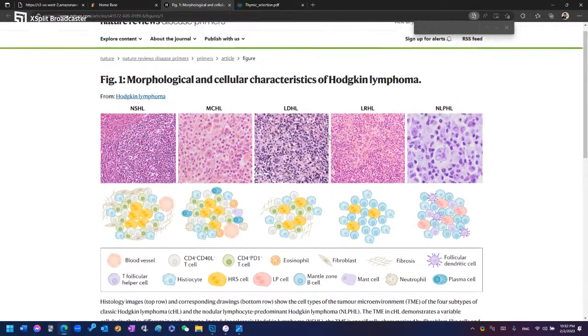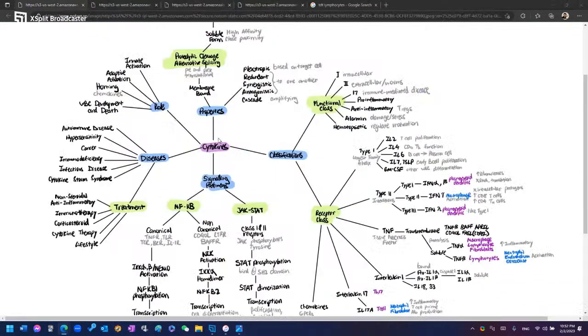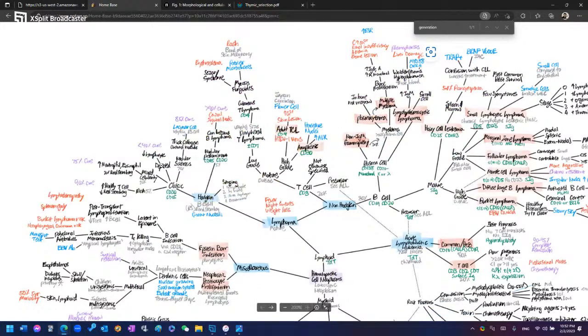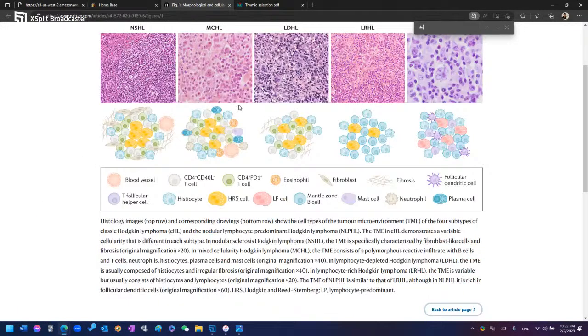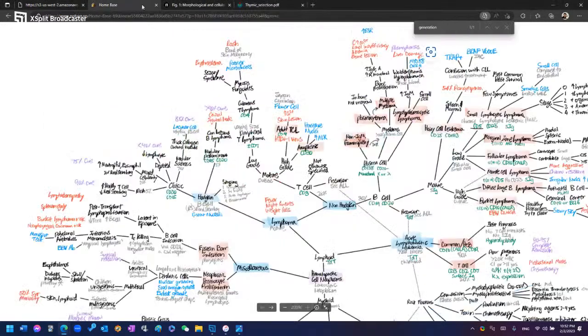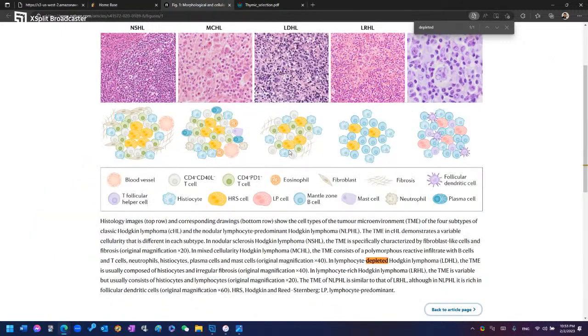But the worst of all, I believe, is if you have the depleted, LDHL here. That's when you're losing out on some lymphocytes.